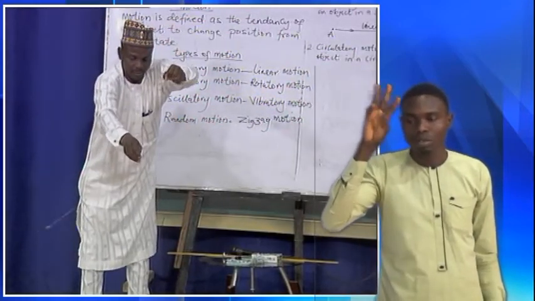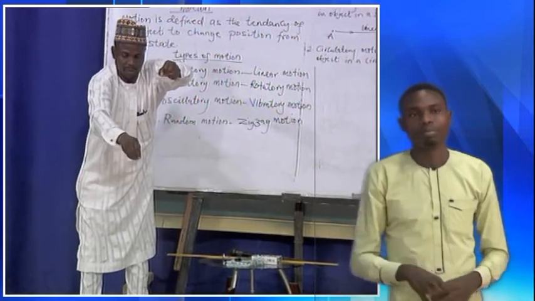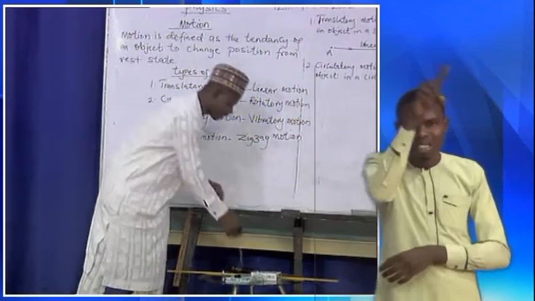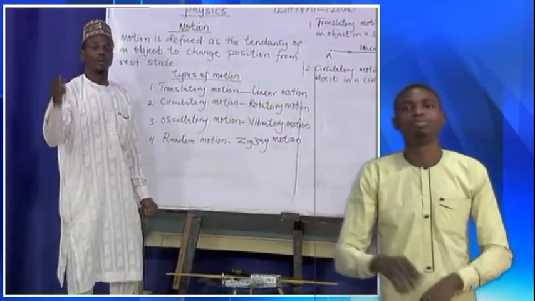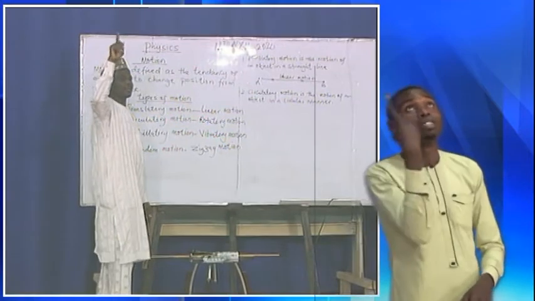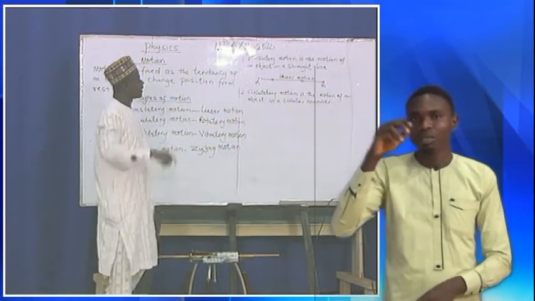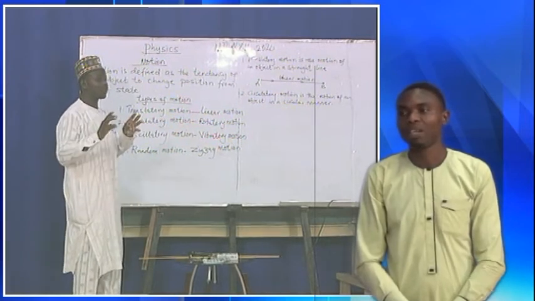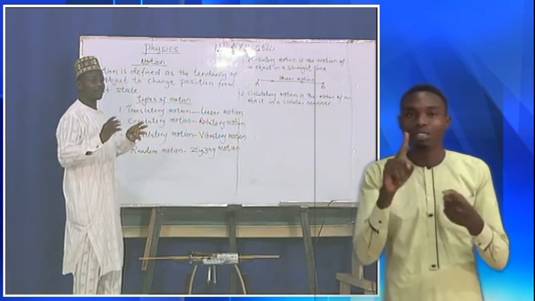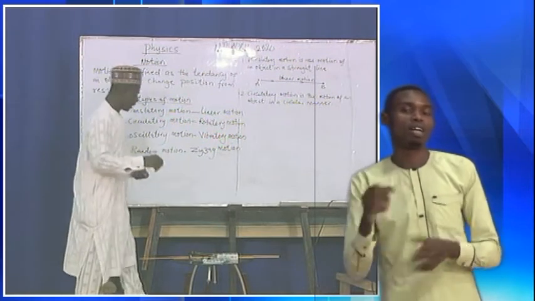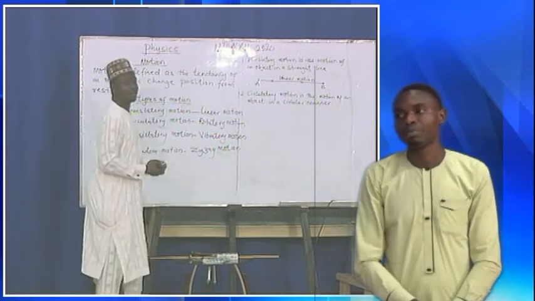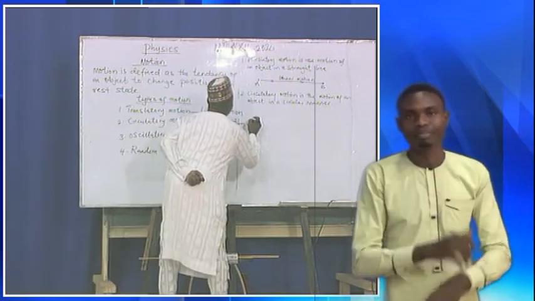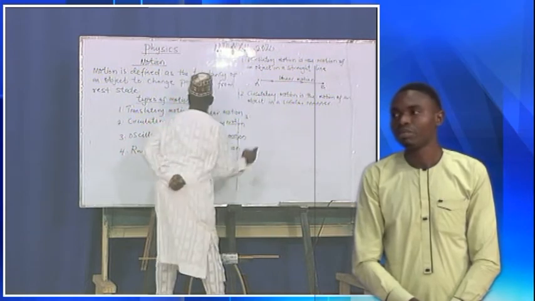Look at it. This pendulum is doing circulatory motion. Another example is the motion of your ceiling fan. Children, the motion of your ceiling fan is another example of circulatory motion. I want you to think of several other examples of circulatory motion, so that you can feed me back and tell me what you've got to learn.